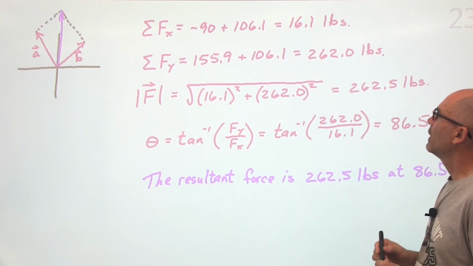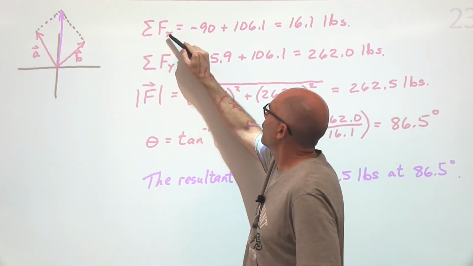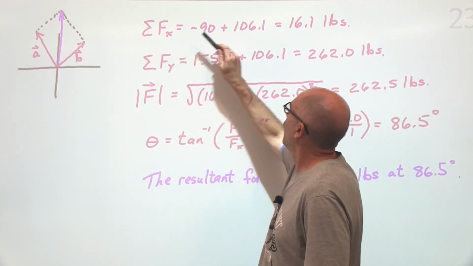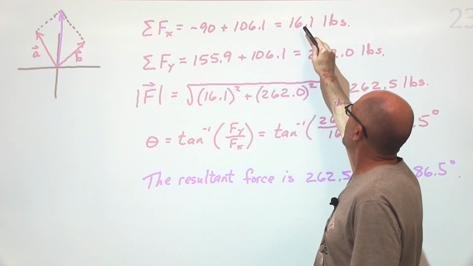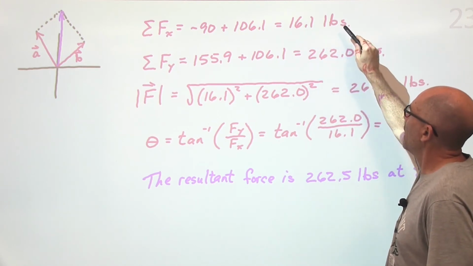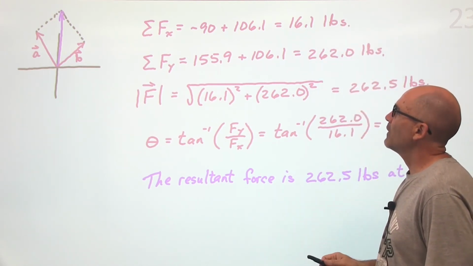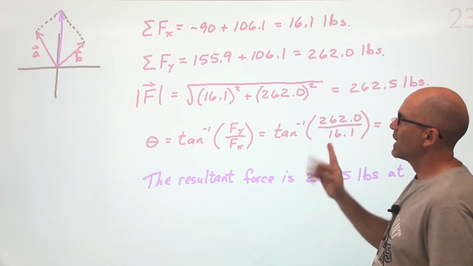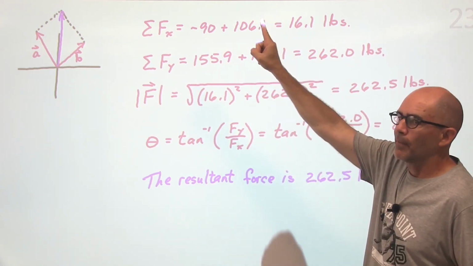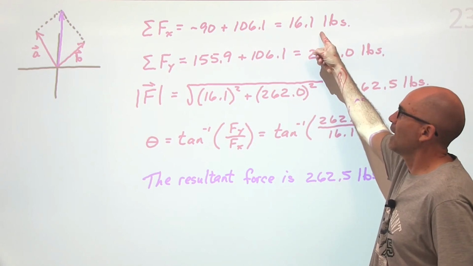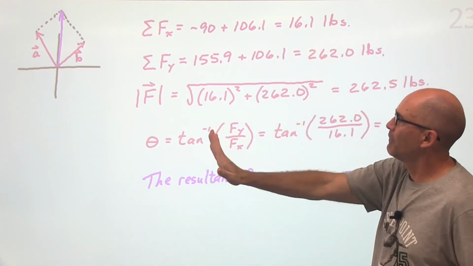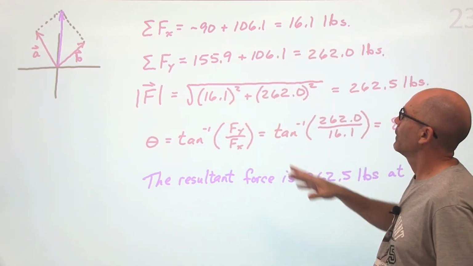So the sum of all the forces in the x direction are -90 and 106.1. So it's going to be 16.1 pounds in the x direction. That means they're trying to push the guy up, and they're pushing him a little bit to the right because the offensive lineman on the left is a little bit stronger.